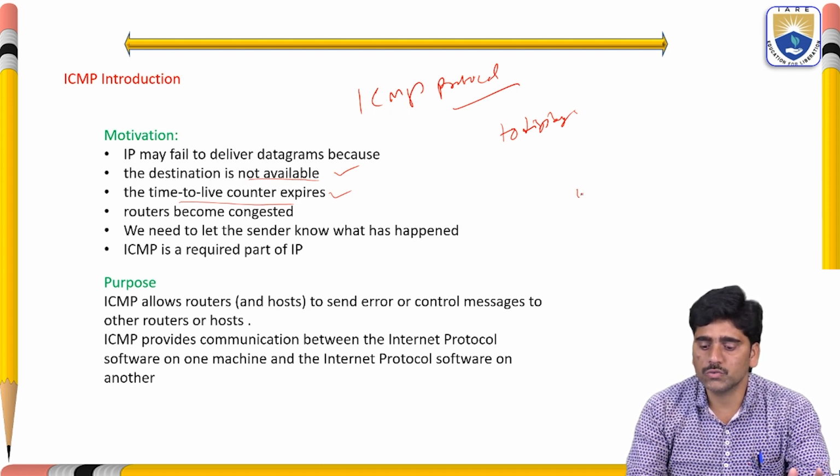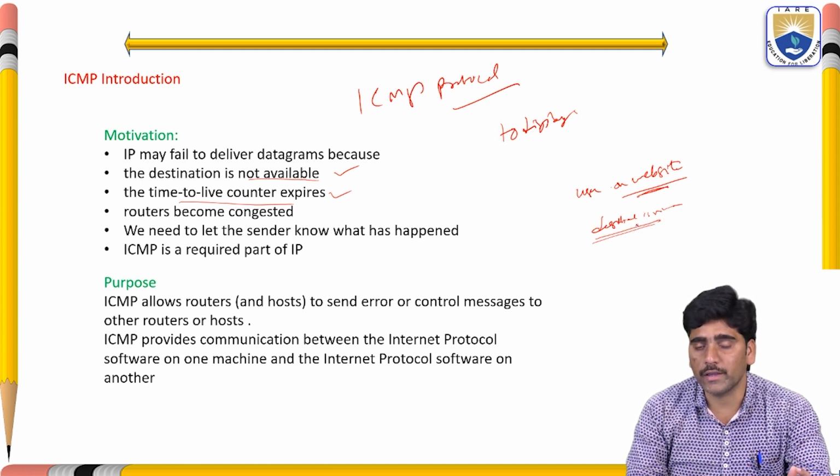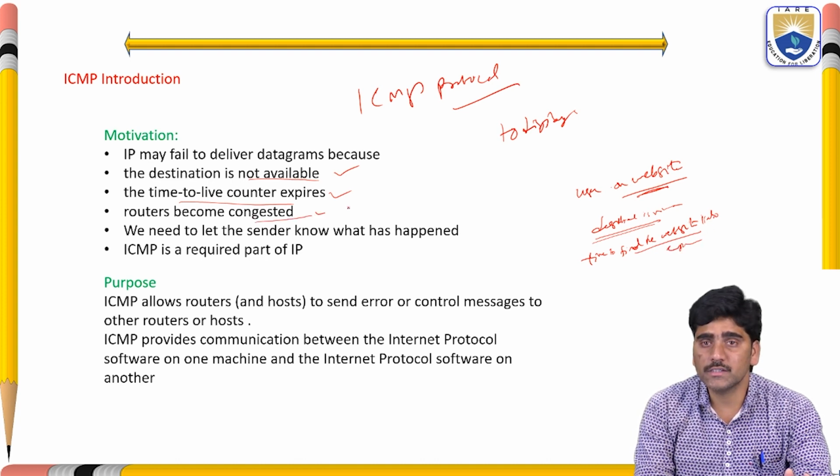For example, a user wants to search for information on a website, but the website destination is not available. Also, while searching, the time to live counter has expired, and the routers become congested.